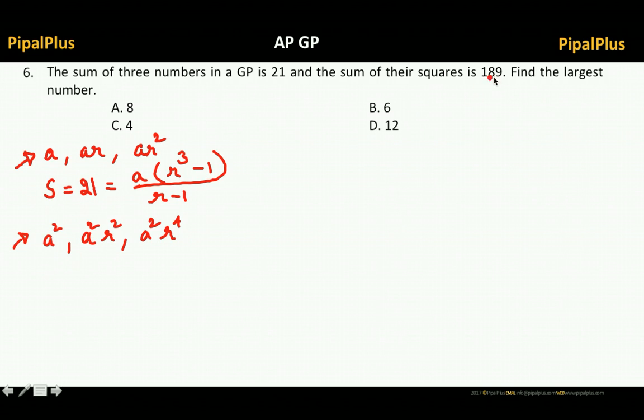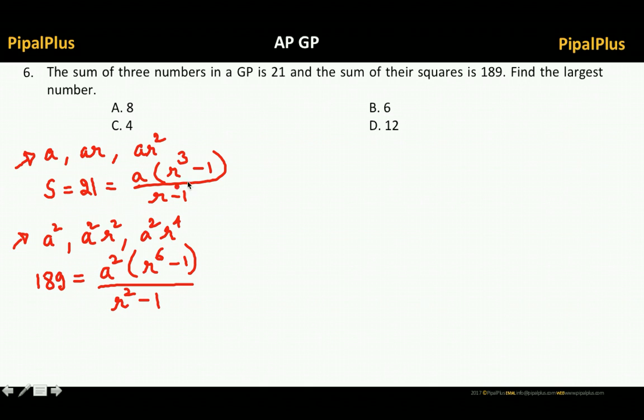This time, however, the sum is 189, so we get 189 equals the first term into the cube of the common ratio. R square whole cube is going to be R to the power 6 minus 1 divided by the common ratio, which is R square minus 1, right? So this is what we get.